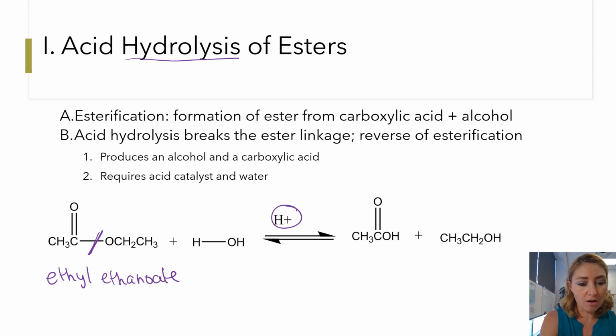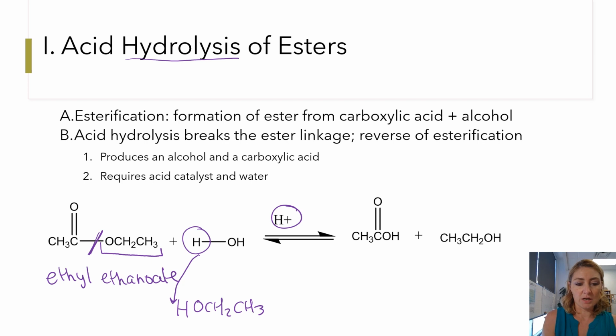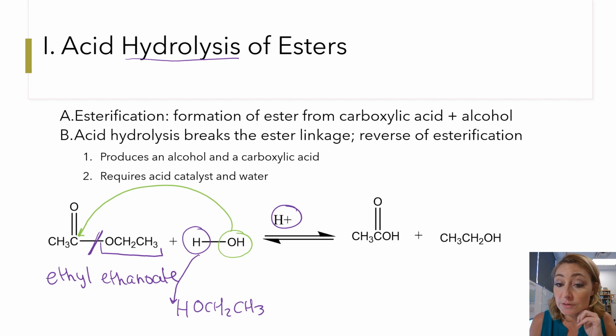So this alcohol, when it comes off, will look like this. Okay, the hydrogen from the water is going to bond to the oxygen, reforming an alcohol. And this OH group is going to bond to the carbon in the carbonyl, reforming our carboxylic acid.